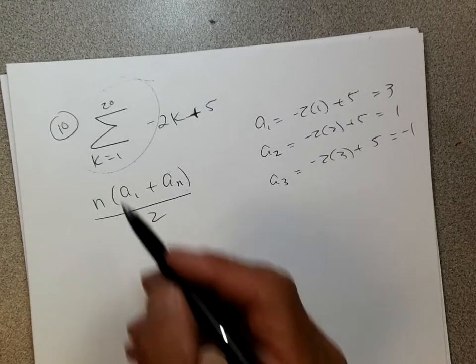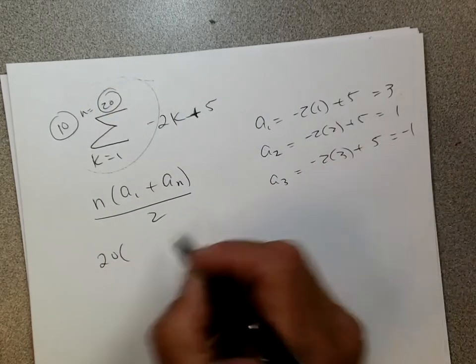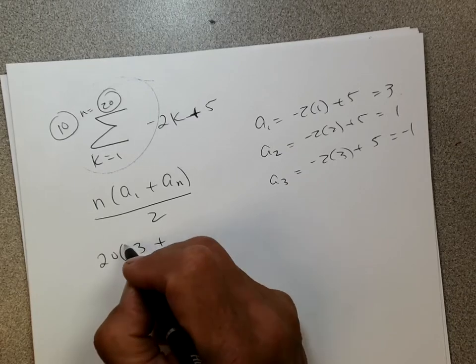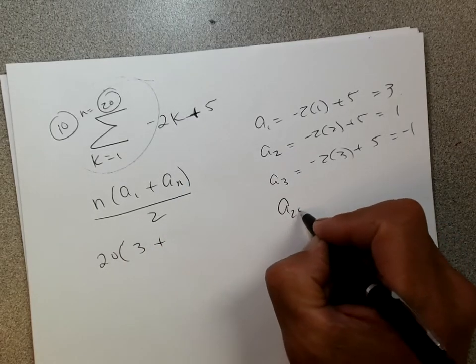N is the number of terms, so n is 20. We know a1 is 3. I don't know an, but I can find out what a of 20 is.